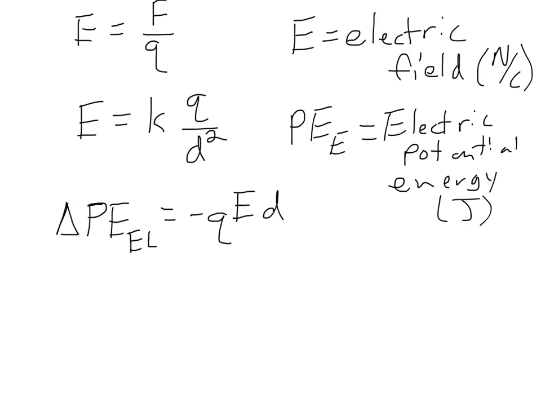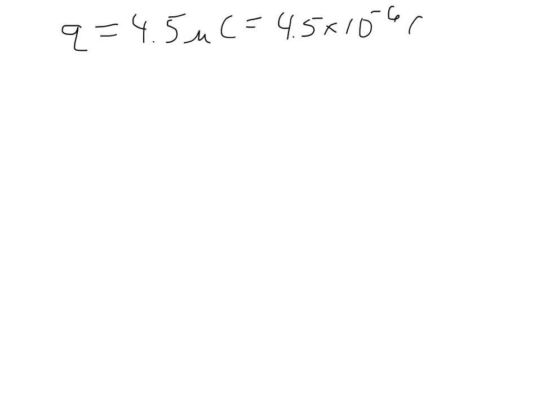So number 1 says find the electric field at a point 0.45 meters away from a 4.5 microcoulomb charge, and is it pointing toward or away from the charge? So we have Q equal to 4.5 microcoulombs, which is 4.5 times 10 to the negative 6 coulombs.